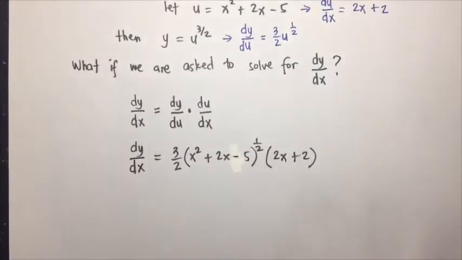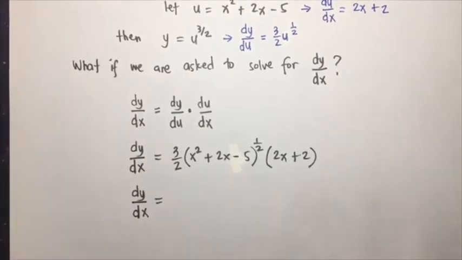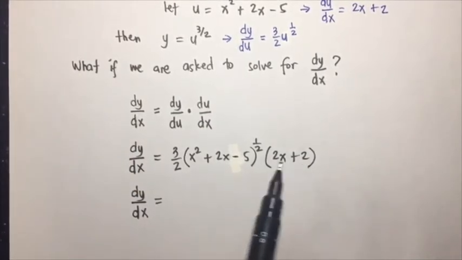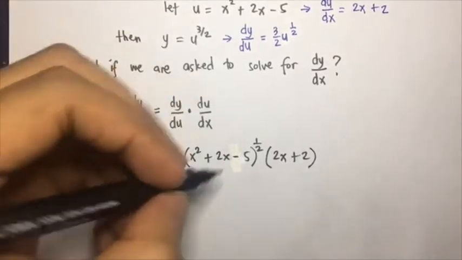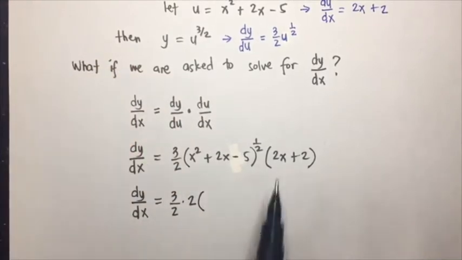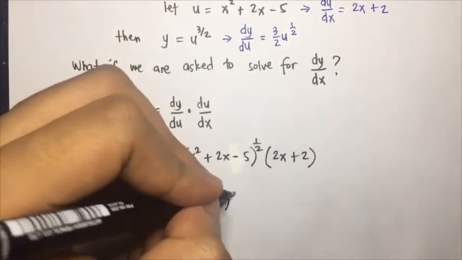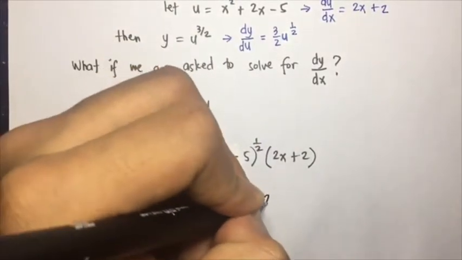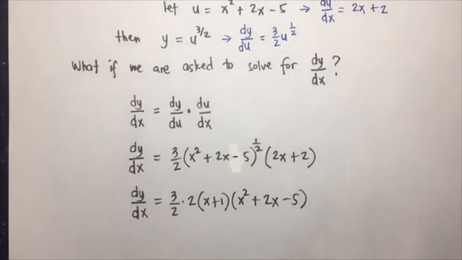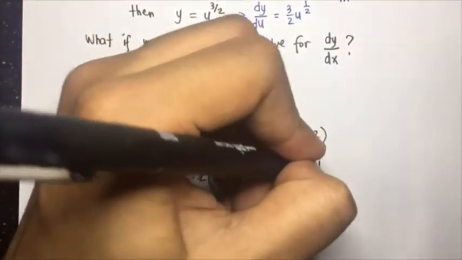Therefore, our derivative dy over dx is equal to, we can factor out 2 here. So you have 3 over 2 multiplied by 2 times, factoring out 2, what will remain is x plus 1, and then x squared plus 2x minus 5, raised to 1 half.